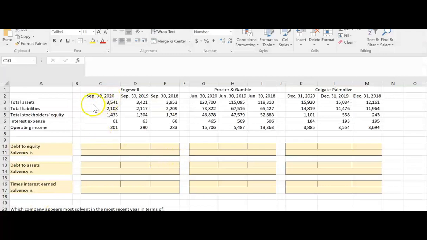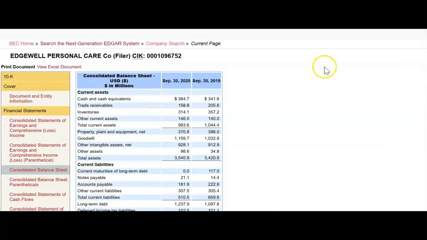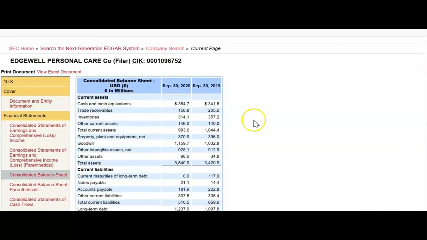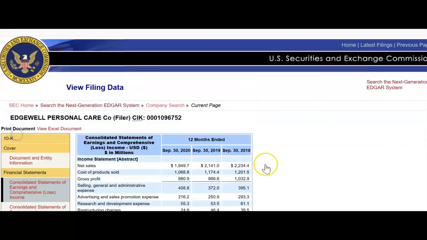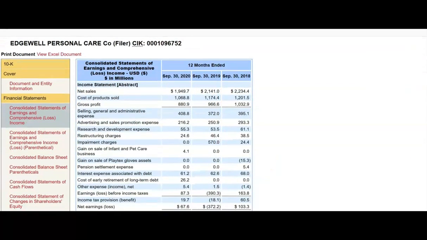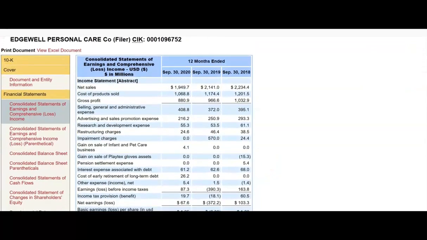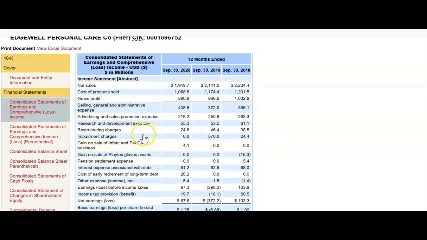So here we see I've filled in total assets, total liabilities, equity, interest expense, and operating income. I did each of these just going to each company's income statement and balance sheet. Finding operating income, you'll see here for Edgewell, they don't specifically give me operating income. They have both their operating expenses and non-operating expenses all listed.